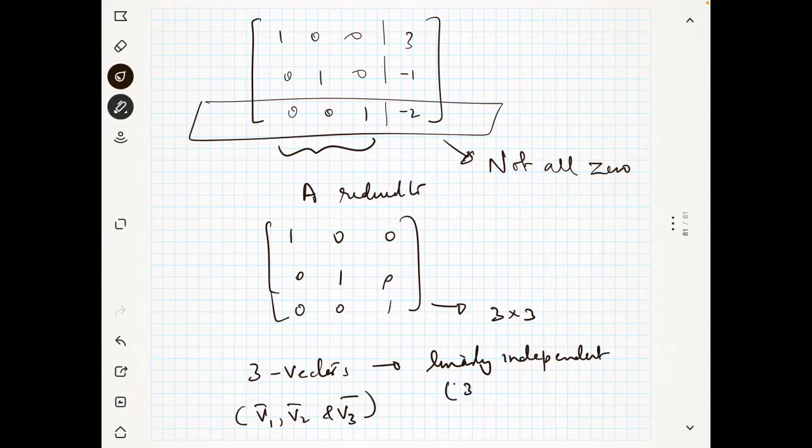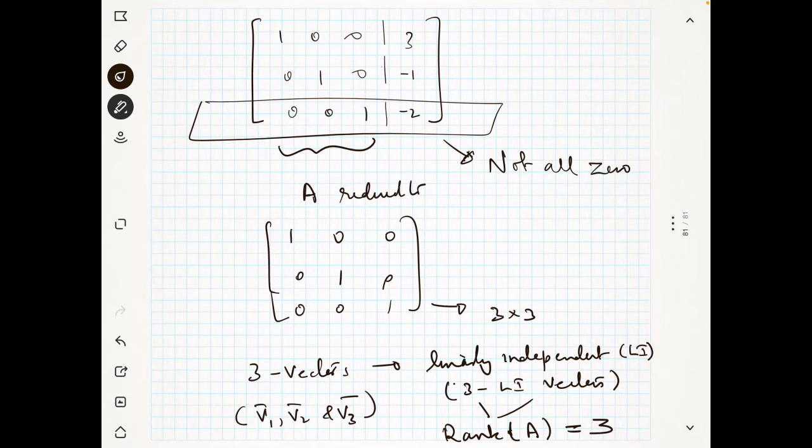There are three linearly independent vectors, and the number of linearly independent vectors we will say is the rank of A. And what is the rank of A? It is nothing but 3 in this case. So this is a full rank. Actually there are 3 equations and the rank of A is 3.